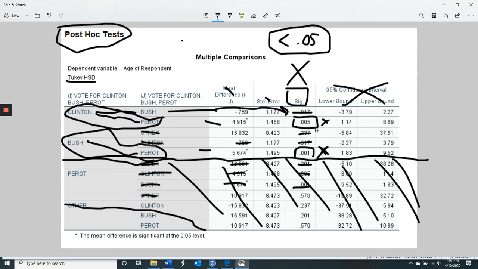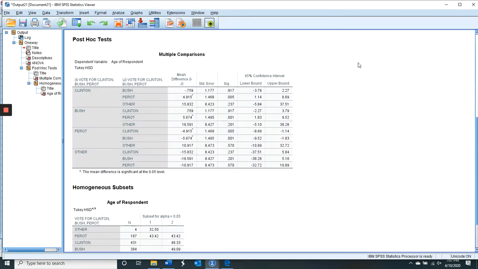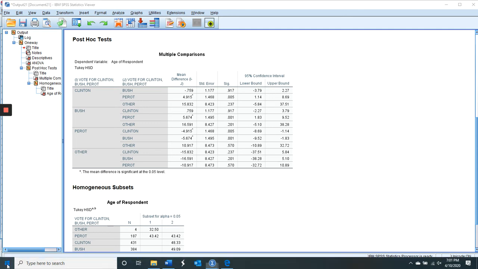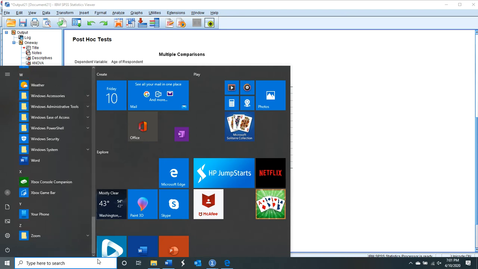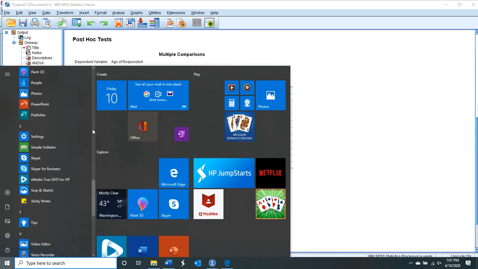So hopefully that's not too messy of a markup. I just want you to know what not to look at and what to look at. And essentially it's just these two things and knowing that these things are repeated. Okay, so let's go back to our output before, and I'm going to make a snip here. So again, from those post-hocs, we know that Perot differs from Clinton and Bush, and Clinton and Bush don't differ.